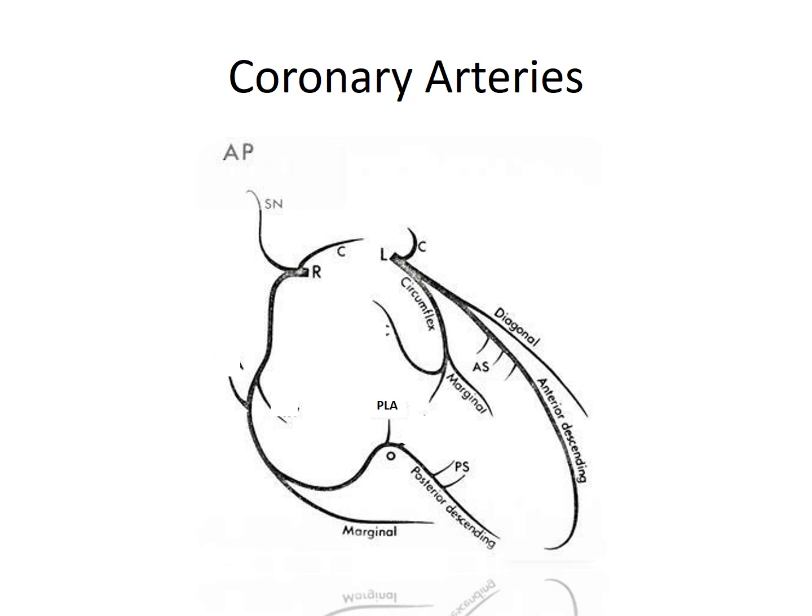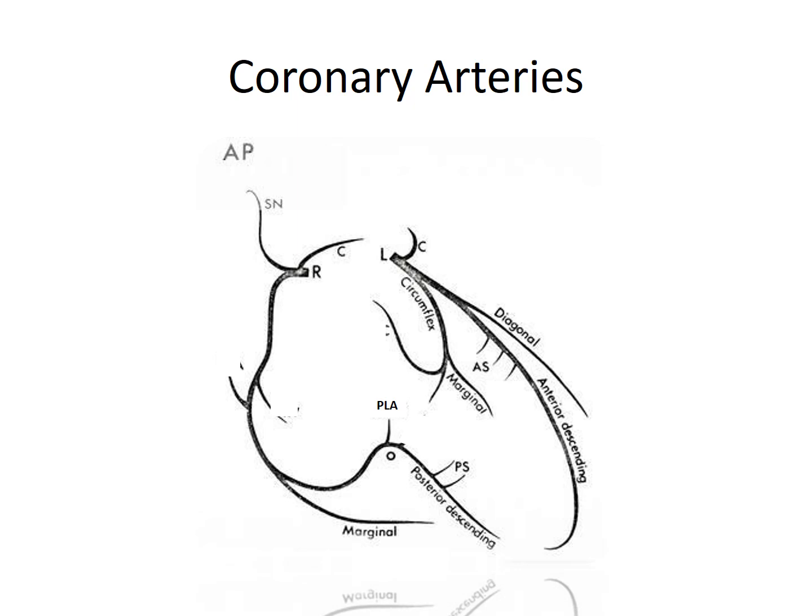You can see the right coronary goes right on down to bifurcation of the marginal, and then you have the posterior descending artery. And then off of the posterior descending, you have the PS, which is going to be posterior septals. And then your PLA up there is going to be posterior lateral artery.